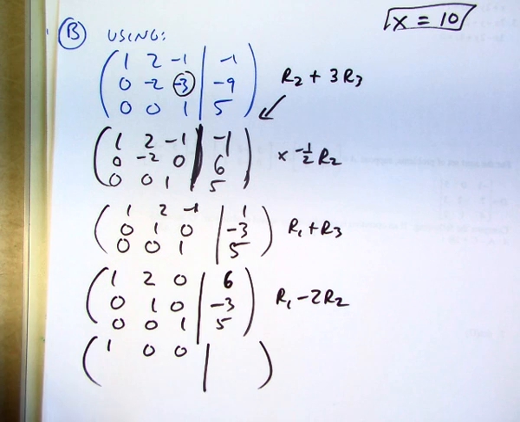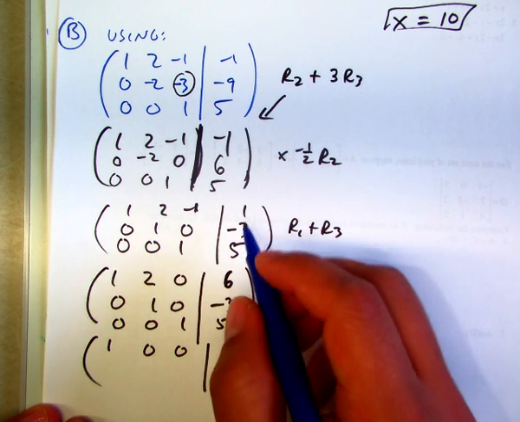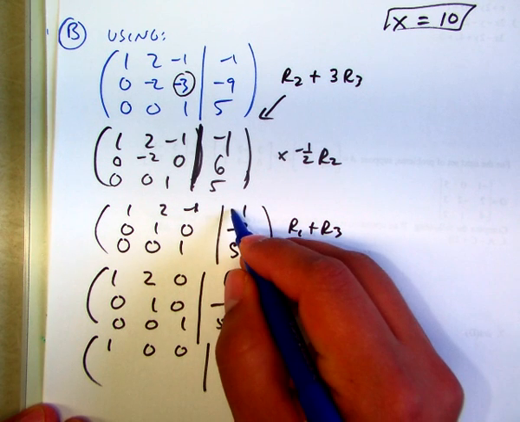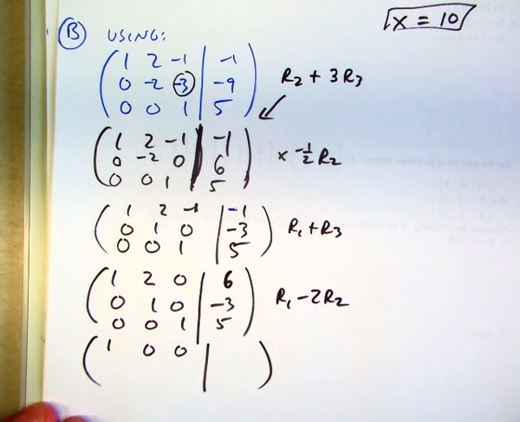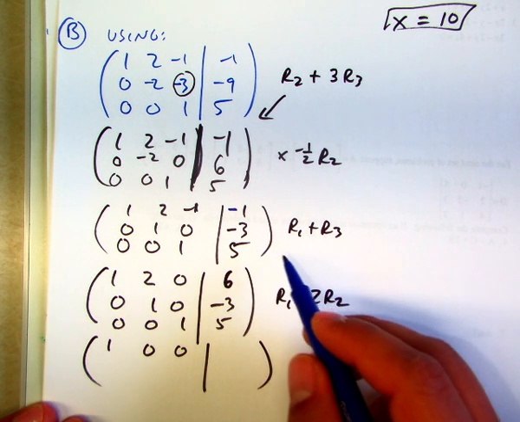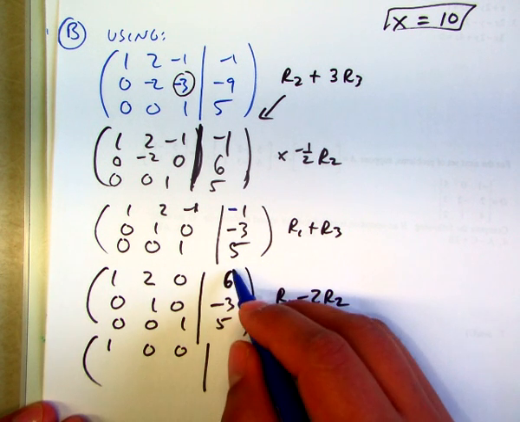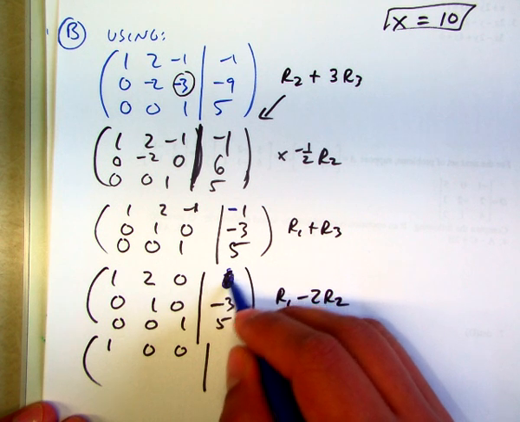Ah, thank you. This should be negative 1 here. So then when I add negative 1 with 5, this shouldn't be a 6. That should be a 4.